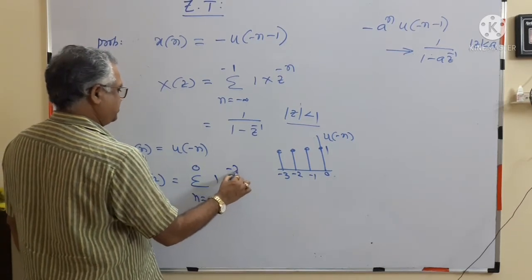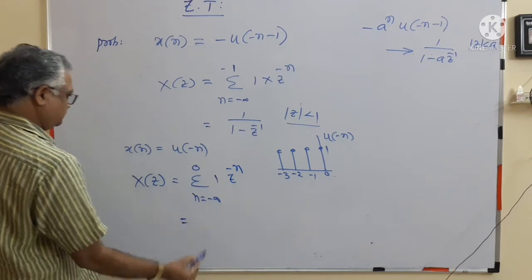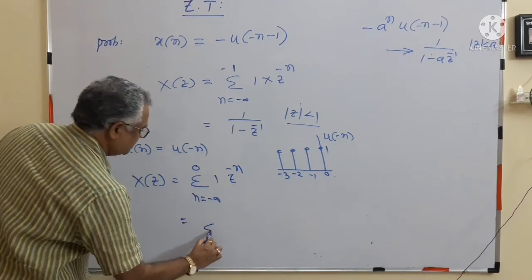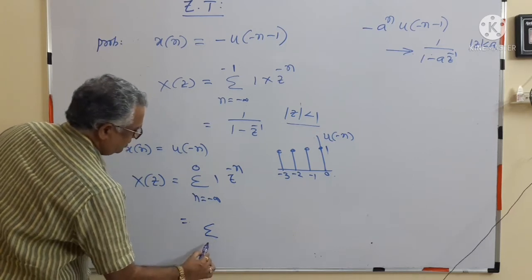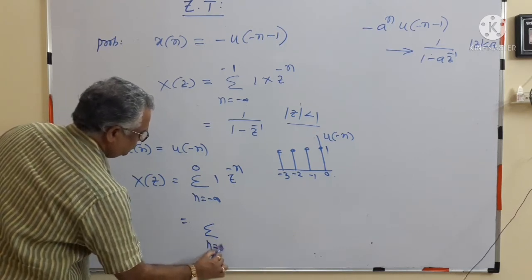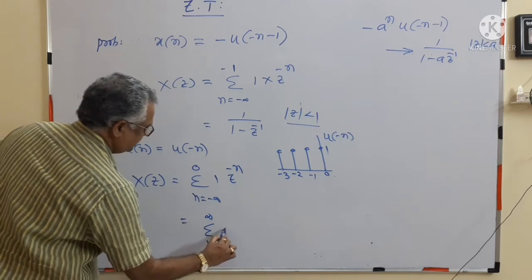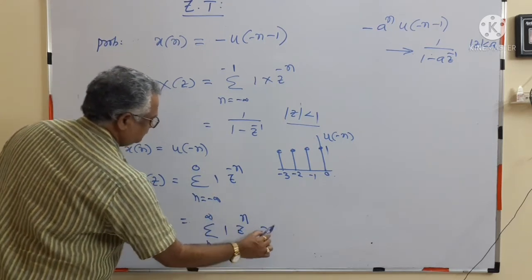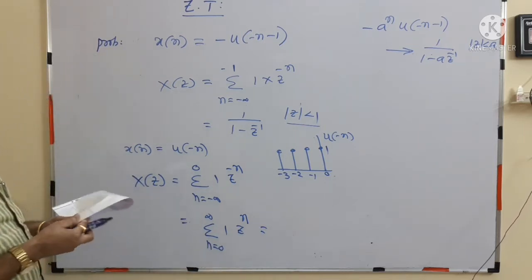Then z power minus n. So this is nothing but sigma n equal to 0 to infinite, 1 into z power n.